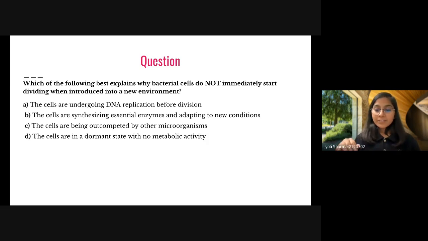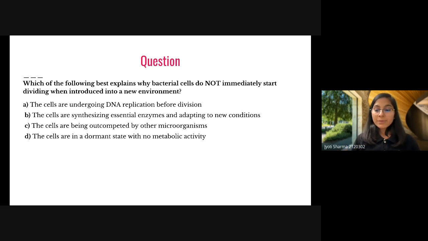In the lag phase, before multiplying exponentially, bacteria take time before the division of the cell, and this is because they are adapting to the new environment. In this time they are not expending much energy on reproduction, but they are giving this energy to synthesize essential enzymes.